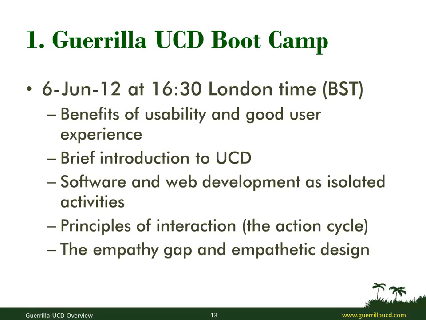And in this first session, we'll be looking at why you'd want to do user-centered design, the benefits of usability, a little bit about the international standard for human-centered design, and why we have so much trouble doing this kind of thing, why we can persist in treating software development and the user interface aspects as fairly separate problems, and how we could address those, and also some of the psychology of not only human-computer interaction, but also how we do this development and the kinds of issues that come up with developers in terms of understanding users' actual needs.